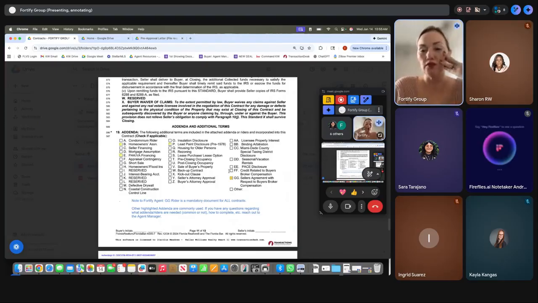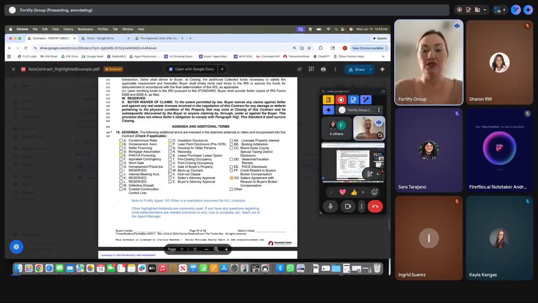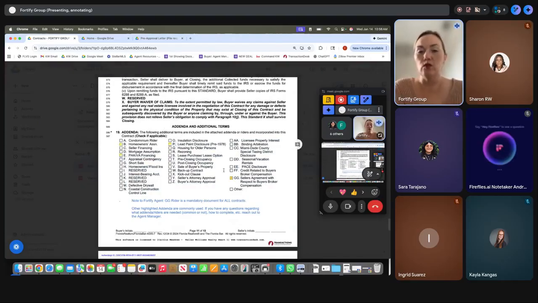And then over here, you're either going to do FF or GG. So think of section 19 as if there's additional documents that my buyer's purchase is contingent on, then it has to be checked here. And so there's a lot of different scenarios that may come up with different types of deals, but the common ones are HOA, FHA, lead-based paint, and then whatever's related to us being paid.